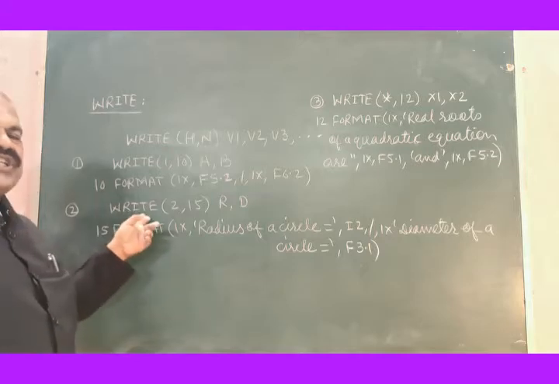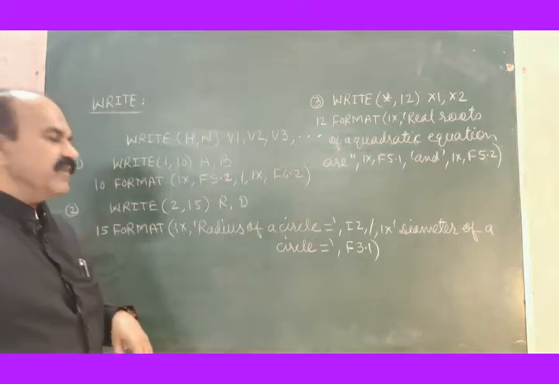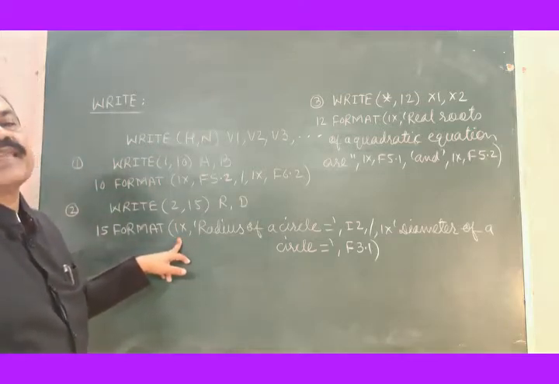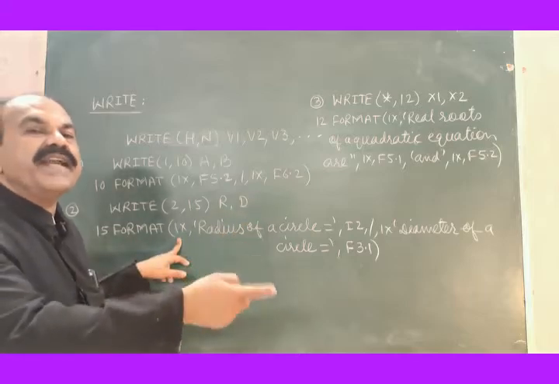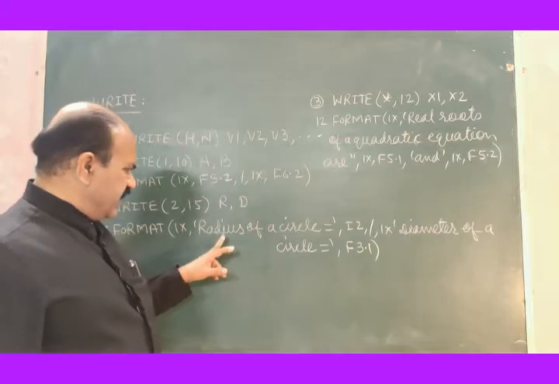Second example, write statement, hardware number of the output device is 2, 15 is the statement number of format statement associated with this write statement. R and D are the two variables. 15 format 1x, first column of first line of printing is skipped and from second column this is printed.